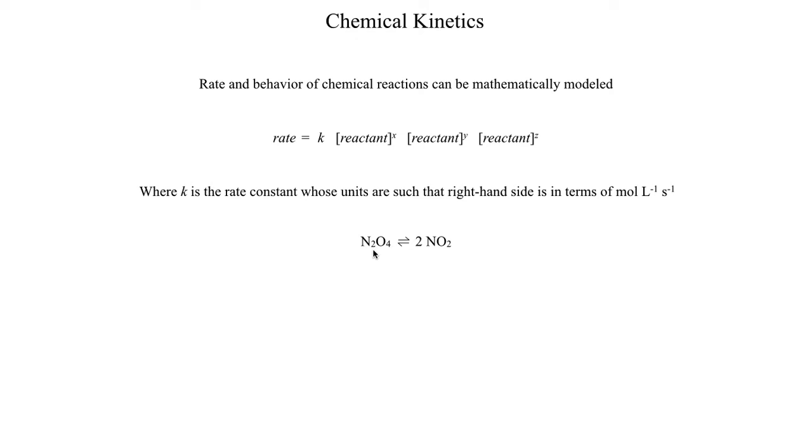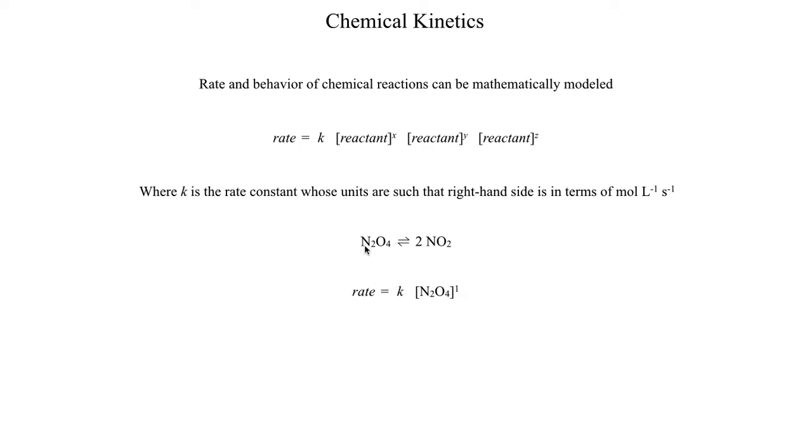So we have, at the same time, dinitrogen tetroxide decomposing into 2 molecules of nitrogen dioxide. At the same time that's happening, we also have 2 molecules of nitrogen dioxide combining to form dinitrogen tetroxide on the left-hand side.